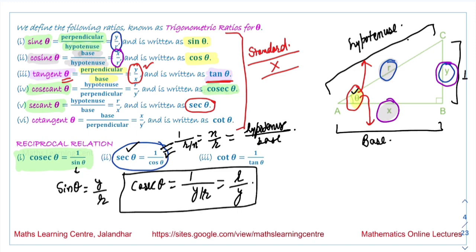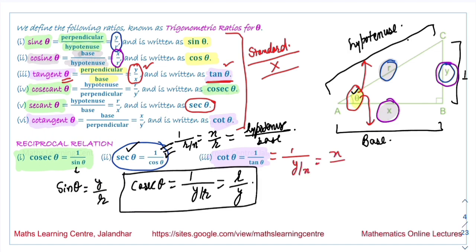And the last one we have is cotangent theta. Cotangent theta is also written as cot theta, and cot theta is just the reciprocal of tangent theta. So the formula for this is 1 over tangent theta. We know tangent is perpendicular over base, so this is x over y, and the definition for this is base over perpendicular.